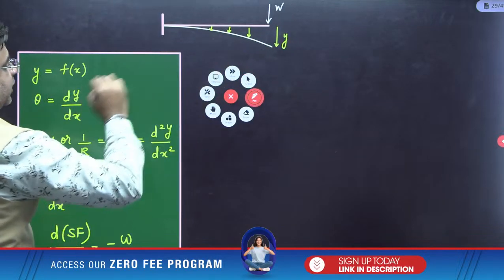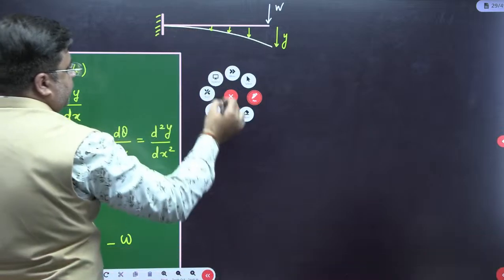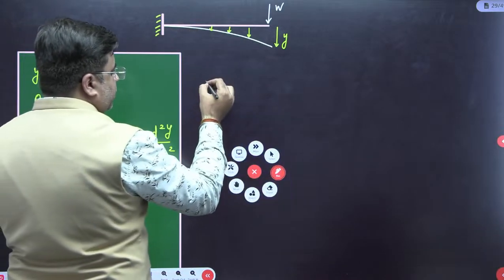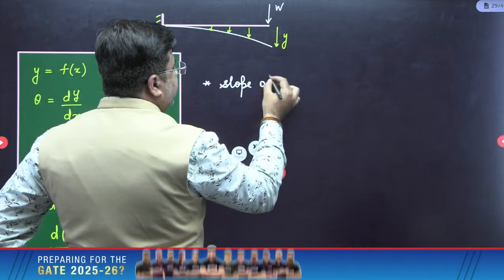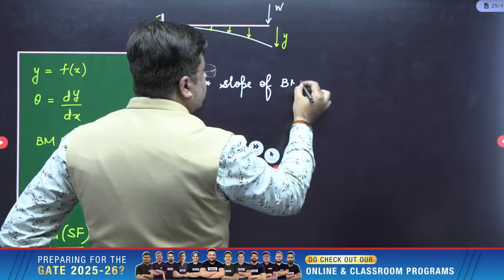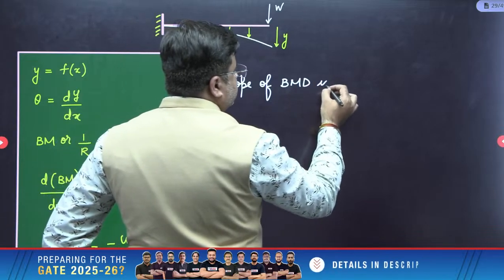Always remember this chart. 2 points here. I will write these 2 points in block. First one is slope of bending moment diagram is shear force.